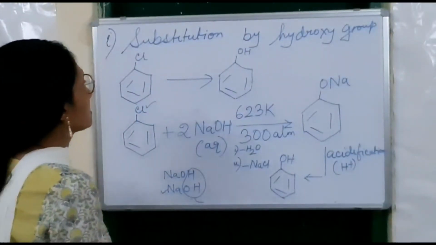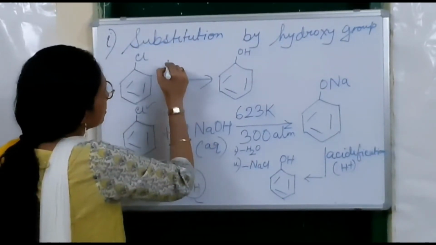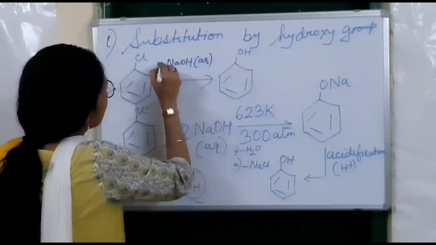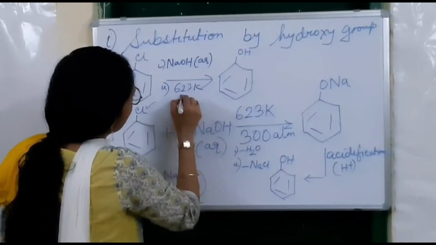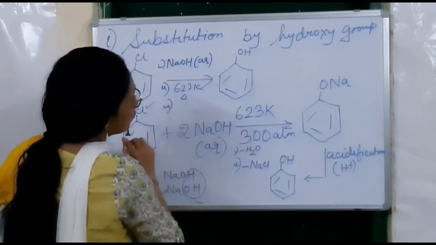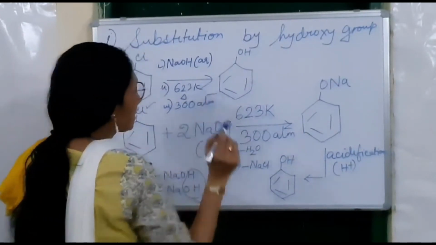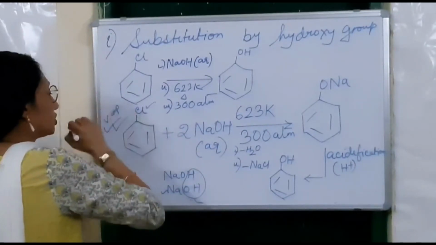Now if you were asked to convert chlorobenzene to phenol, how would you write the conversion? Here you will write aqueous NaOH, then 623 Kelvin heat, and number 3, 300 atmosphere pressure. This reaction is a very important reaction.